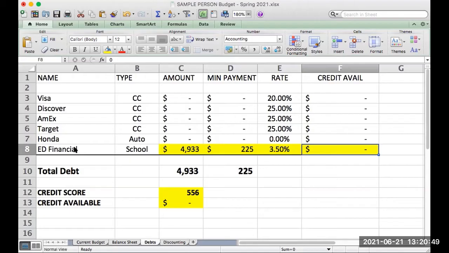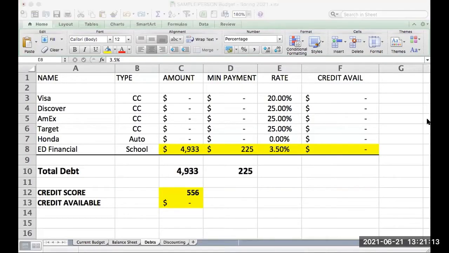But often with each individual line item, especially credit cards, they will tell you how much more you can borrow. We'll look at that later on when we do the credit cards, but right now we're just going to put this school loan in. Okay, we'll say this is all mine. I owe $4,933, $225 a month is my payment, and my interest rate is 3.5.